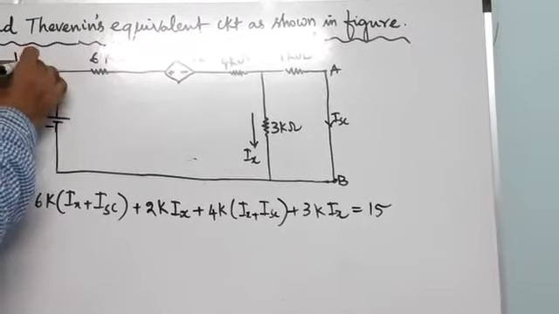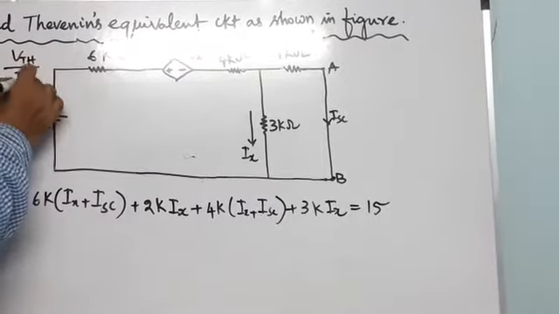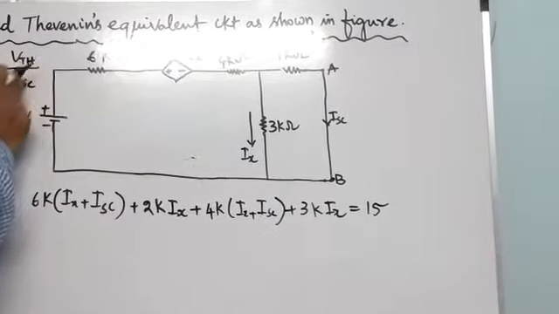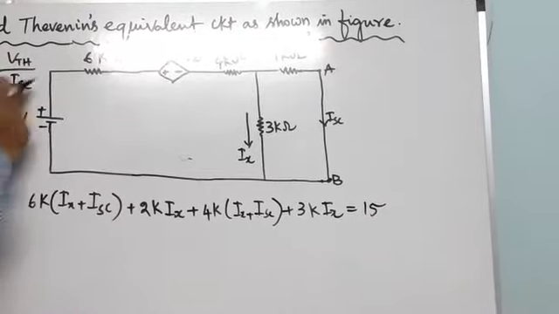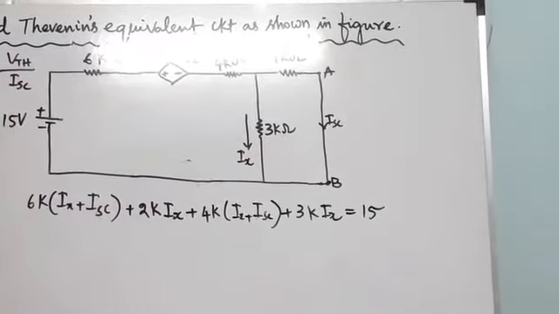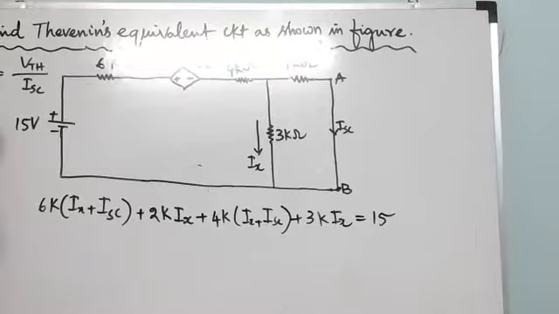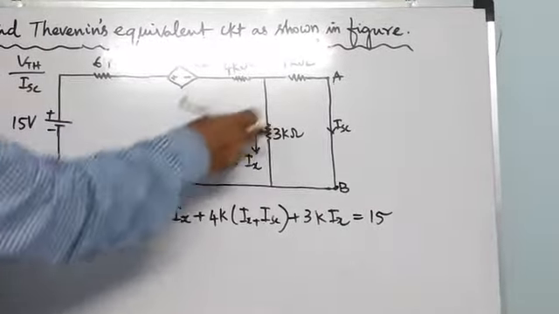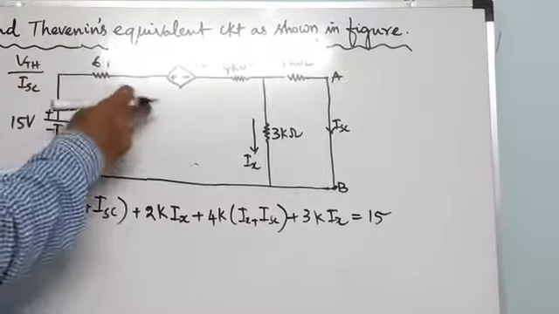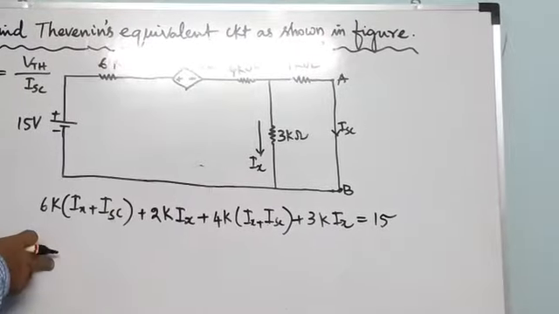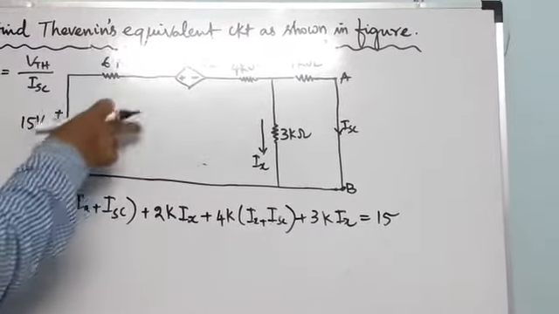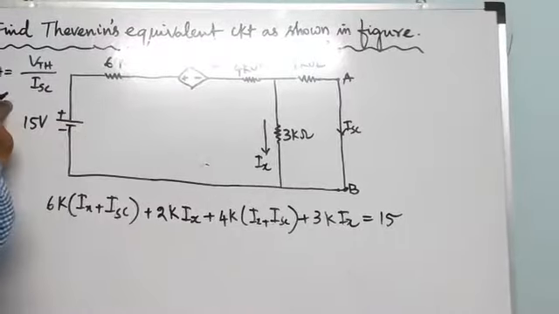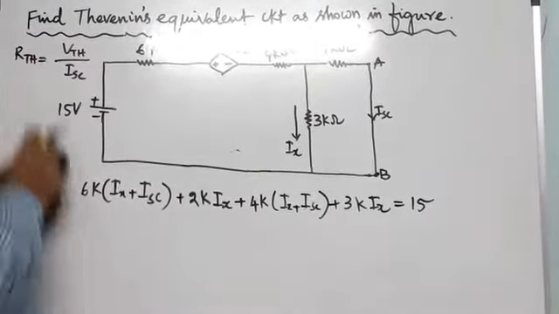That is VTH by ISC. VTH I got; if you get the short circuit current across the AB terminals, you will get RTH. Because here there are dependent sources, and a dependent source cannot be replaced by its internal resistance, so that is very difficult. In this method it is easy, so you can do it.